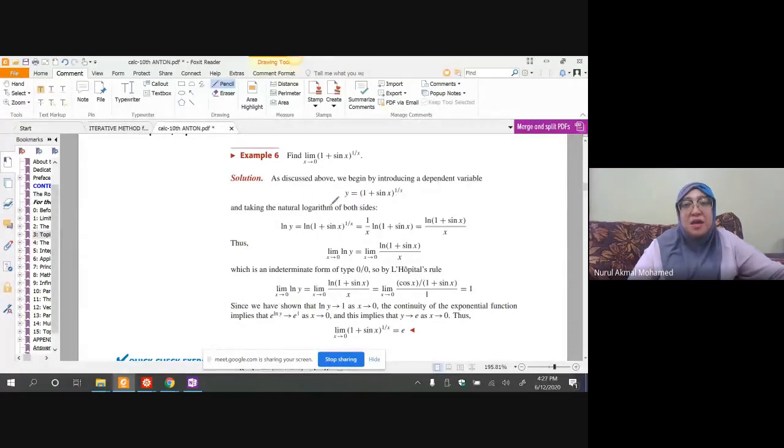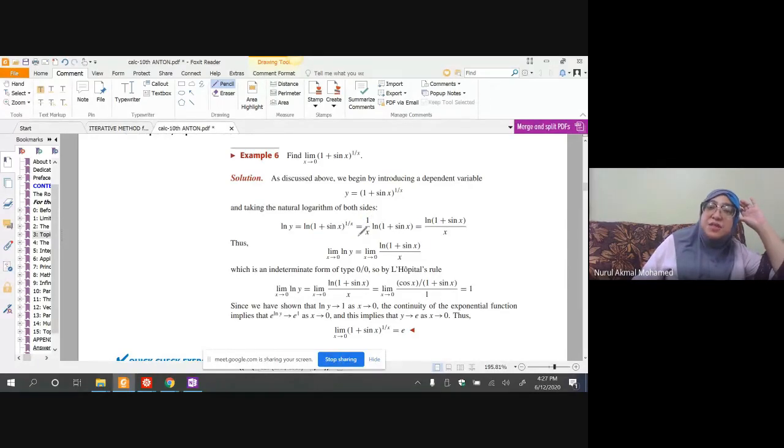In order for you to solve this, it is easier if you take ln of both sides of the equation. So ln y is equal to ln of 1 plus sine x to the power of 1 over x.